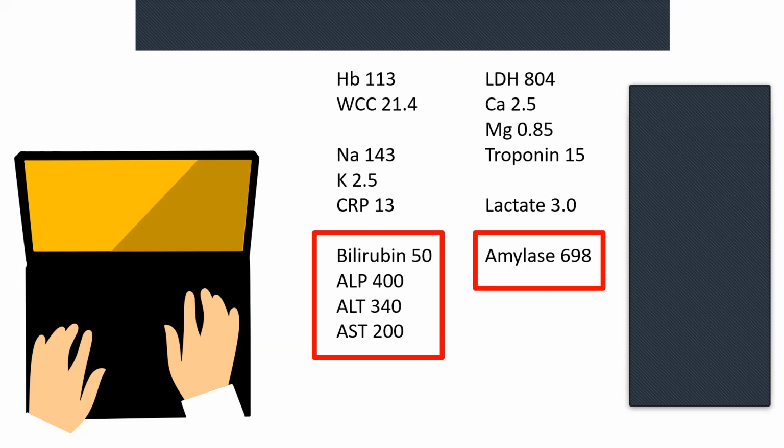All these blood test results help collate that this patient most likely has acute pancreatitis. As we know, pancreatitis has multiple causes, but these results suggest it might be gallstone related, and that's when you need to do further investigations.